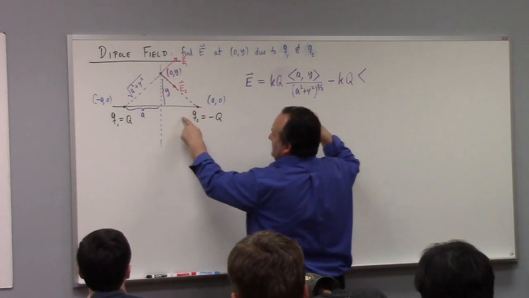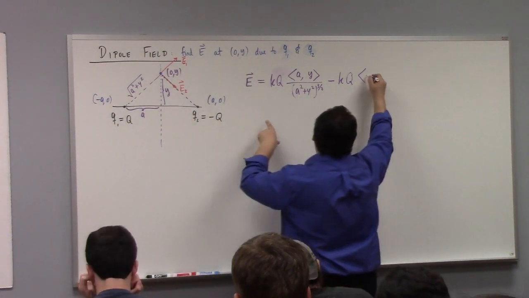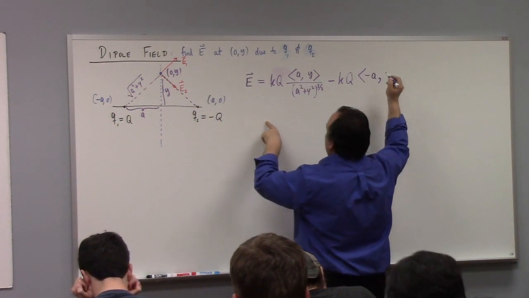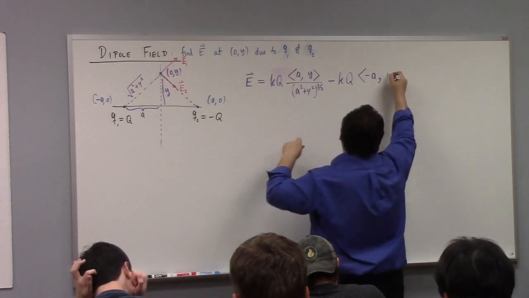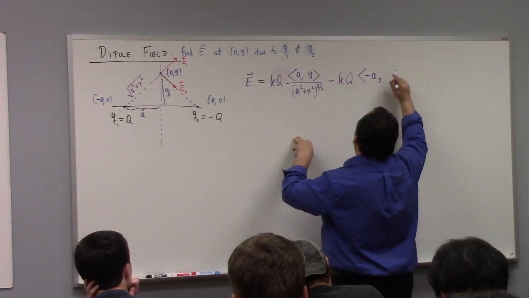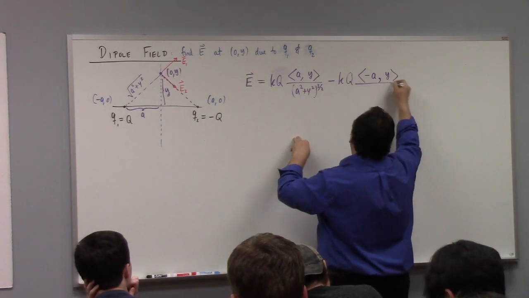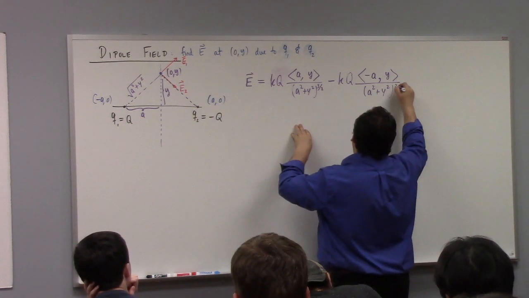And over here, I have minus a, and I have, oh my bad, not a, but y. And the same a squared plus y squared to the 3/2.